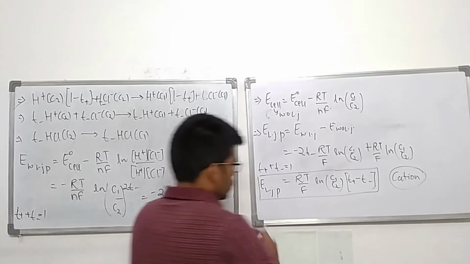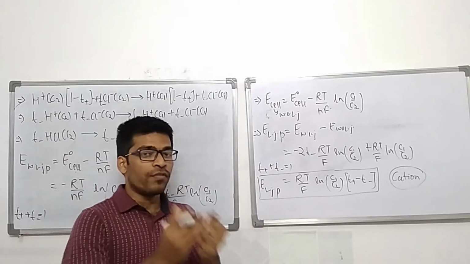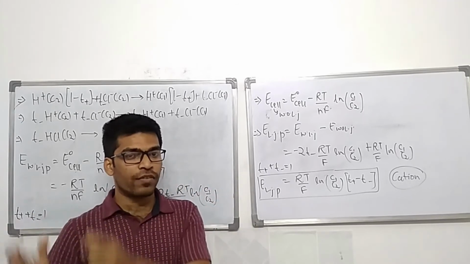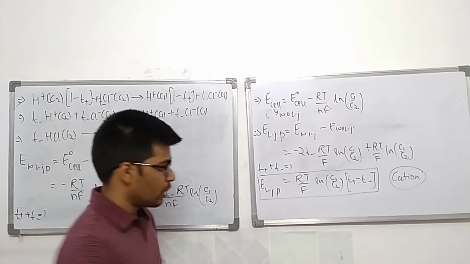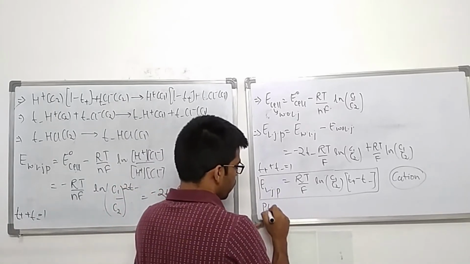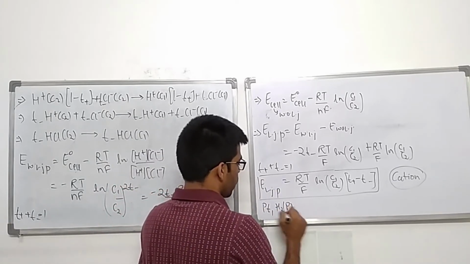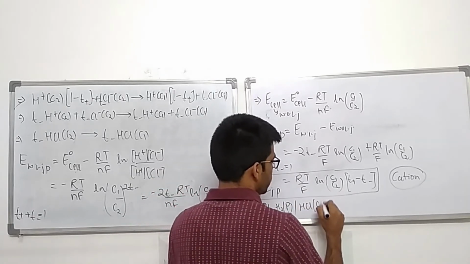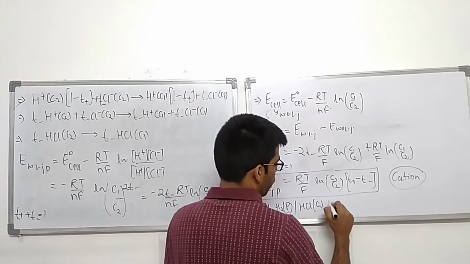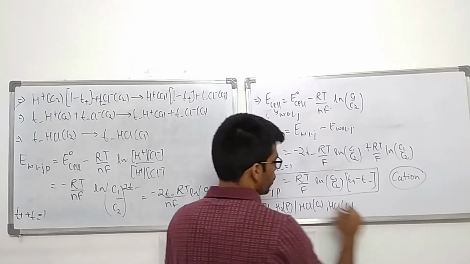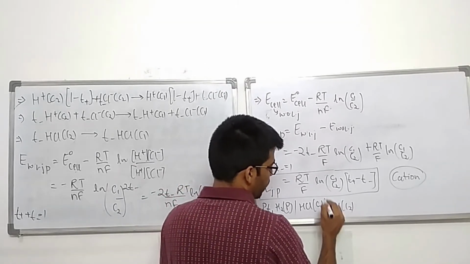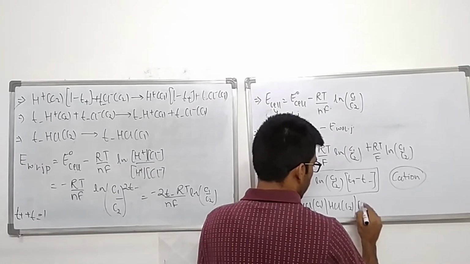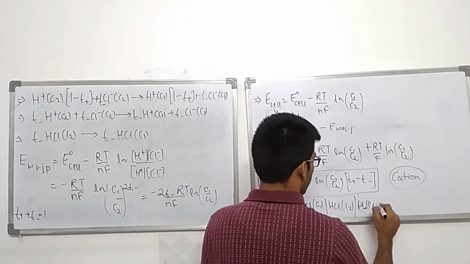Now one more thing. So when you have a cell which has both the half cells in the same chamber, that means with liquid junction, and the one without the liquid junction, how will you write the cell notation? Now say suppose for the same cell you will write the cell notation like this: platinum H2 at pressure P, you get HCl at C1, and you have HCl at C2, and there will be one difference, one stroke, and you get H2 at pressure P, platinum.